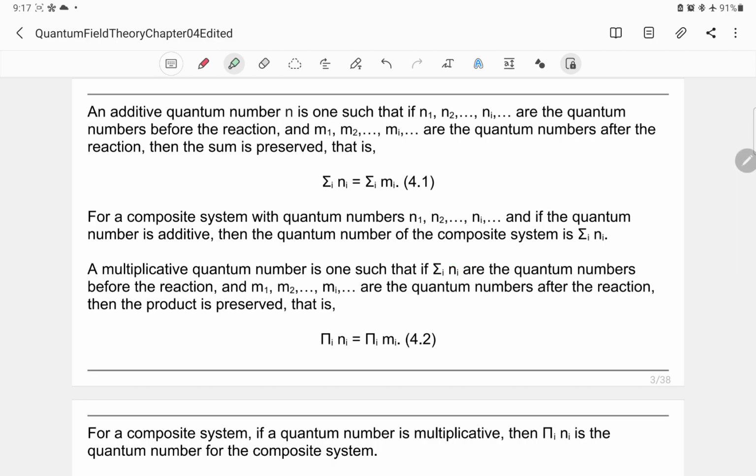Sorry, this is supposed to be product, not sum. So anyway, remember this for the additive quantum numbers and for the multiplicative quantum numbers.